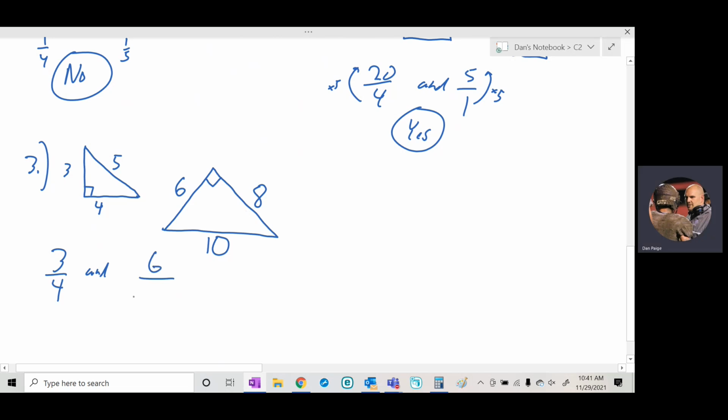And what matches with 4? 8. Do you guys see that? So you should think of them not as left and up and down, but like the small side, the medium side, and the big side. Now, is there a relationship here with this one? Yeah, it is. Times 2 and times 2. Our answer is yes. That is as tricky as it can get when it spins the shapes around. There's not going to be many of those.